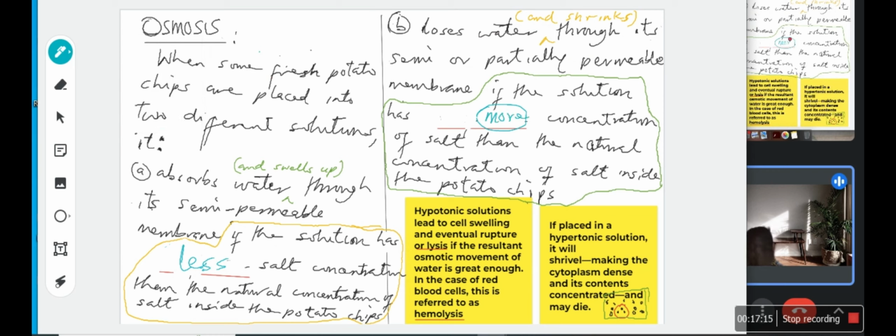Because if the solution has more concentration of salt, it means it has less water. So water will be moving from the potato chip into the solution, right? So the potato chip will be losing water and shrinking and become flappy and soft.